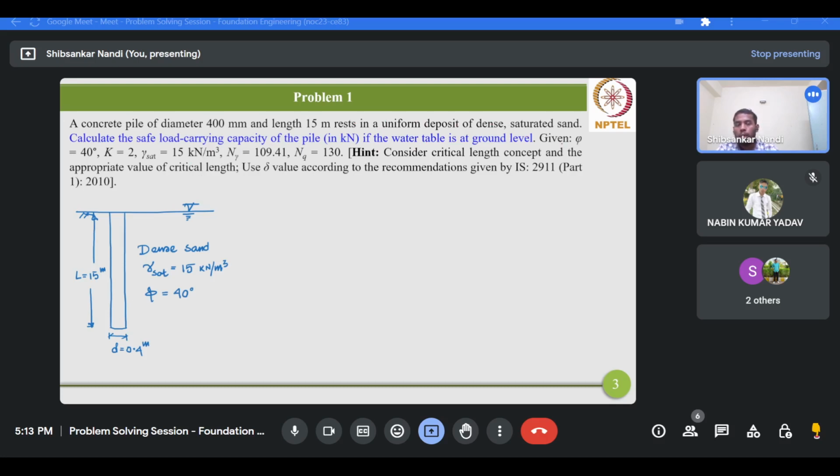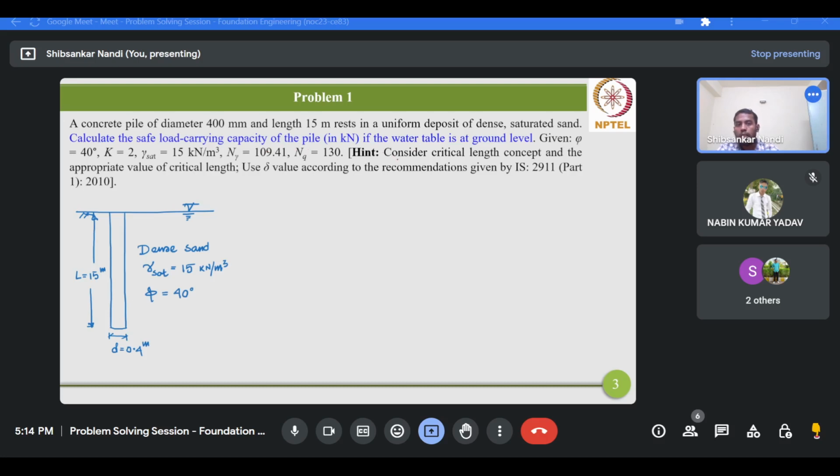These are the properties given for determining the safe load carrying capacity: friction angle 40 degree, earth pressure coefficient 2, saturated unit weight of the dense sand 15 kilonewton per meter cube, and two bearing capacity factors, N gamma and Nq.